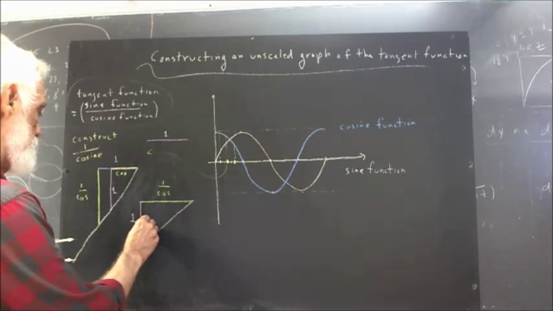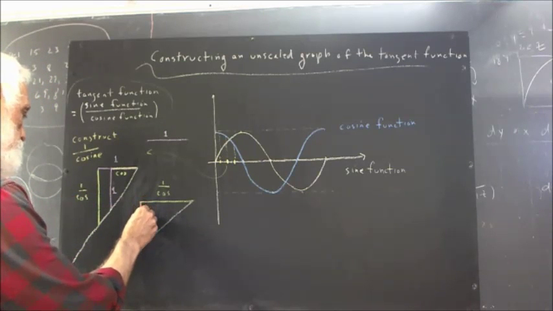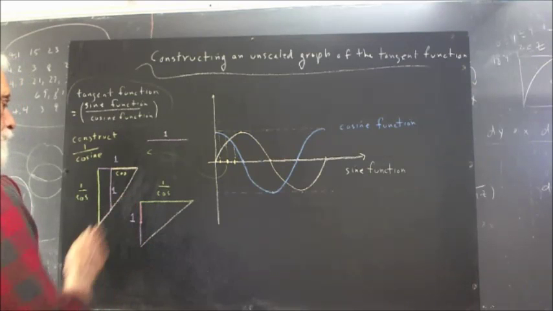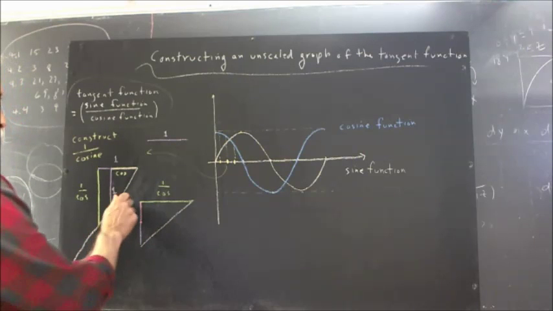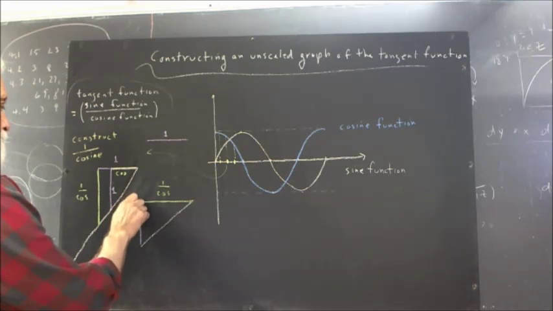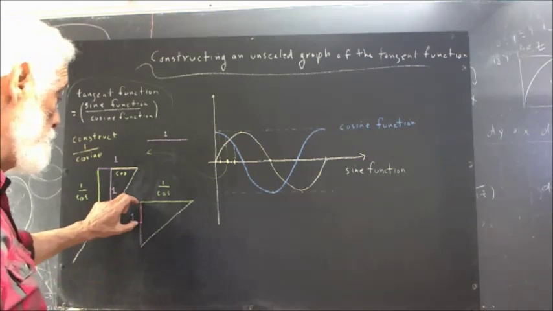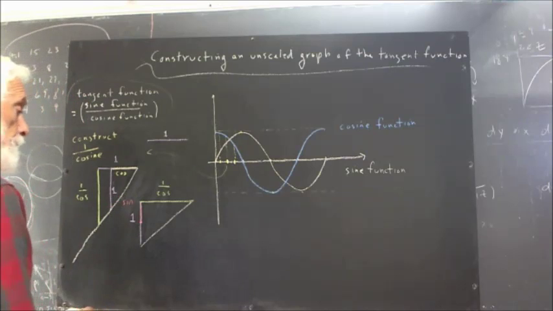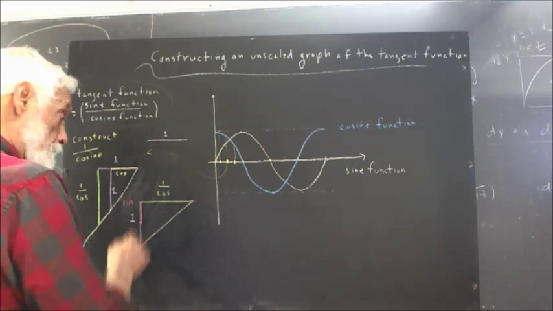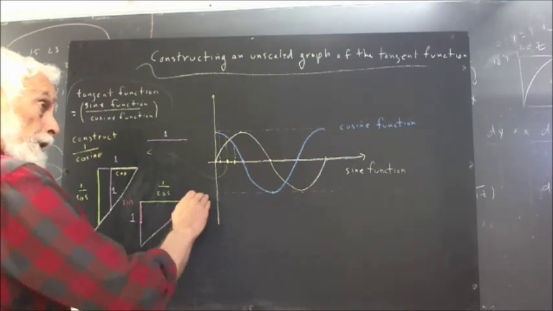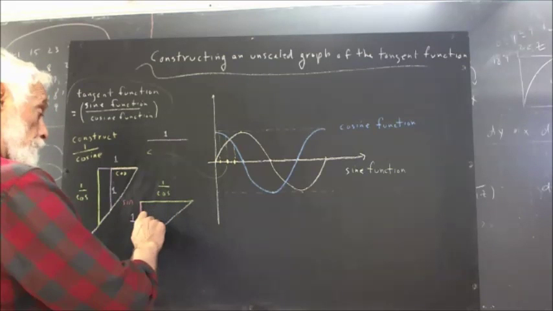So now this side here is my value of the sine. And I want to get a triangle similar to this one. So if I put my sine here, to make a triangle similar to the one I've already got, I'm going to have to construct a side parallel to this one.